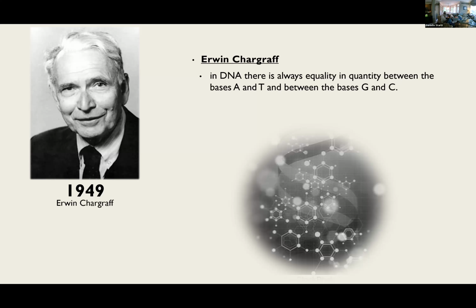And G and C are paired. They go together. So that is very important, because this is our first understanding that when we look into the structure of DNA, which is what we're trying to find out now, we're looking for pairs.